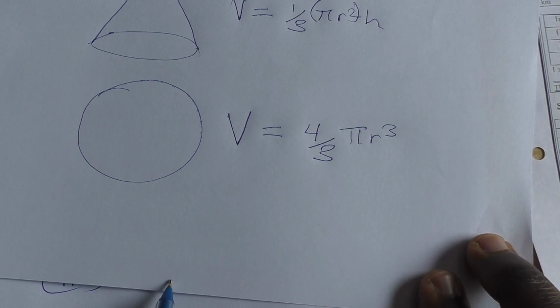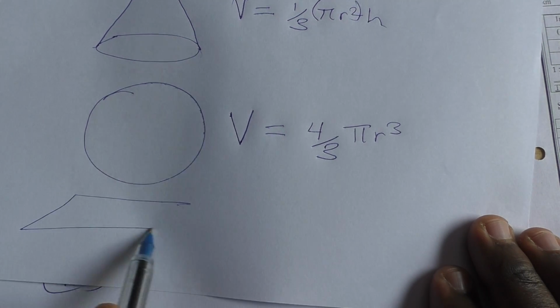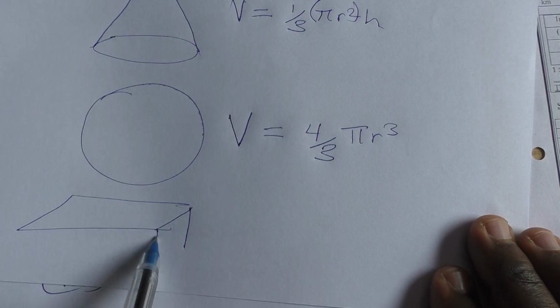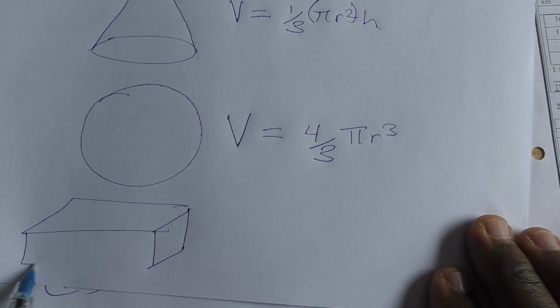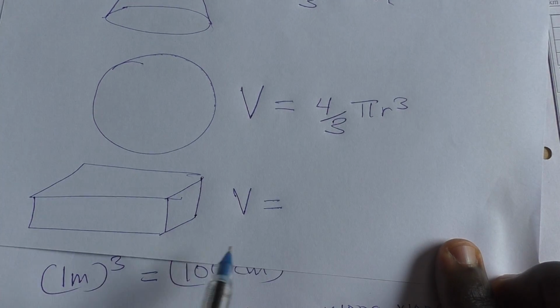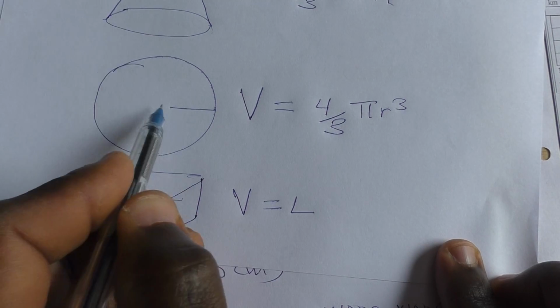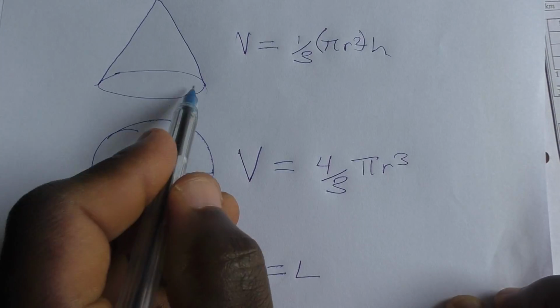We look at a cuboid. This is our cuboid, and its volume is given by length, if this is the length, by the way, this was the radius.